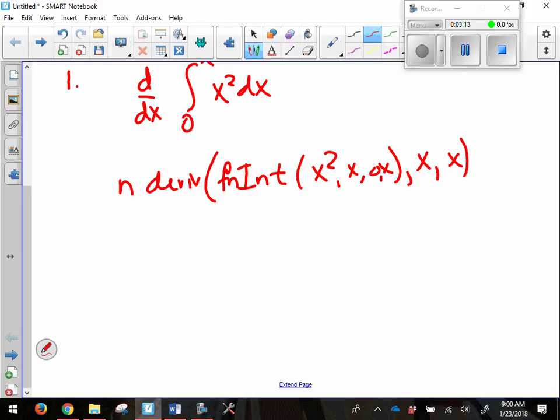Is that right? Oh, yep, that's right. So it's x squared, comma x, comma 0, comma x, close that, comma x. Now I can graph it.